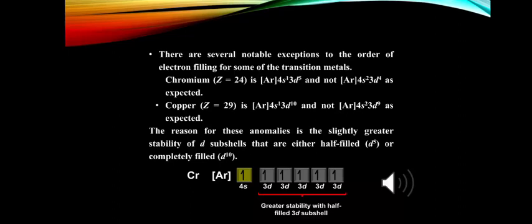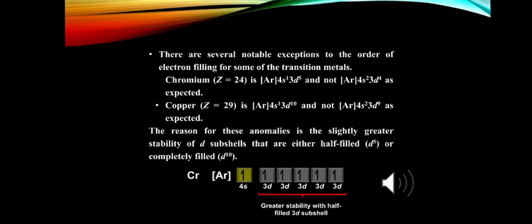The reason for these anomalies is the slightly greater stability of subshells that are either half-filled or completely filled. That is, the exceptional behavior shown by these atoms is because half-filled d orbitals or fully filled d orbitals are more stable as compared to the other configurations.